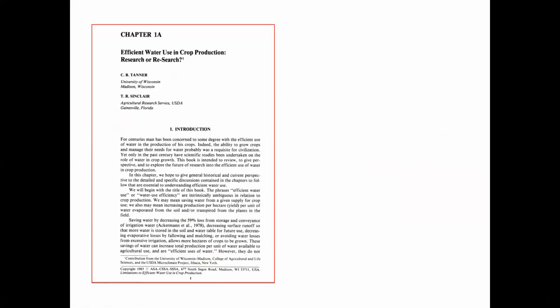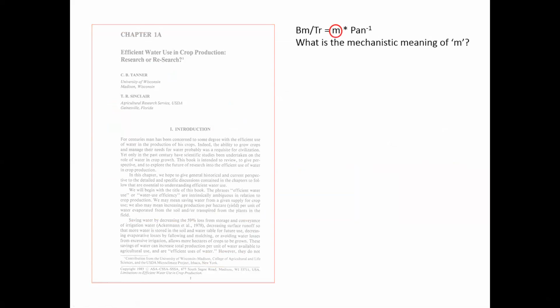Tanner and Sinclair in 1983 published this seminal work that really took off where DeWitt's analysis left off. This is the equation that we just looked at from DeWitt, where water use efficiency is equal to M divided by pan. And they asked the question, what is the mechanistic meaning of this M value? What does it mean? And so they came up with a new expression.